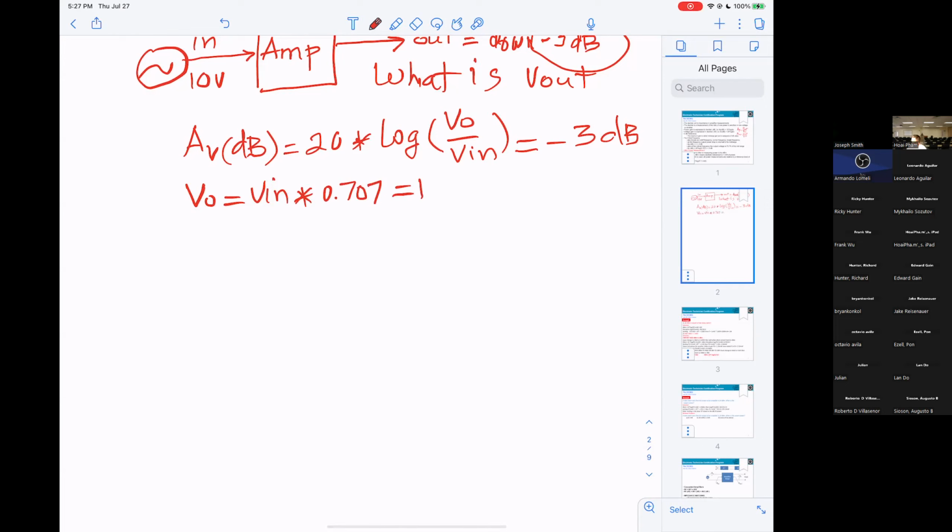They give you 10 volts times 0.707, so the output is 7.07 volts. Now, that's telling you the relation between the dB and the value for power or voltage, input and output.